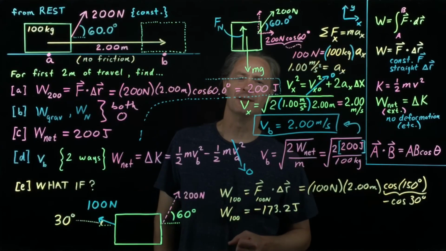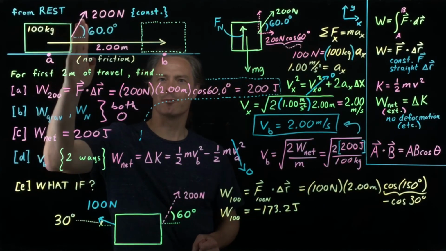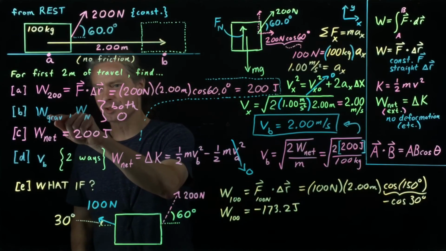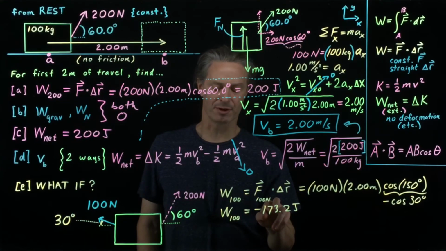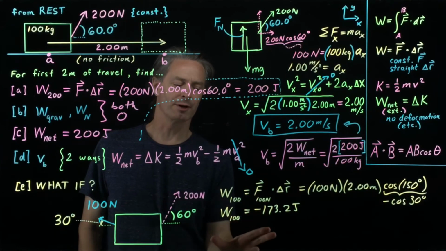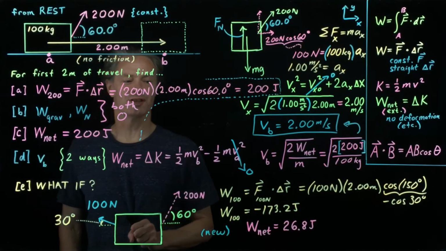We can now find the net external work done on the crate as it undergoes this 2 meter displacement from point A to point B. That will be 200 joules plus 0 plus 0 plus a negative 173.2 joules, and that gives us 26.8 joules for the net work. We can set that net external work equal to the change in kinetic energy.